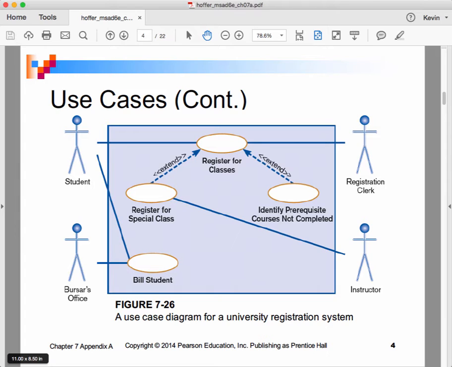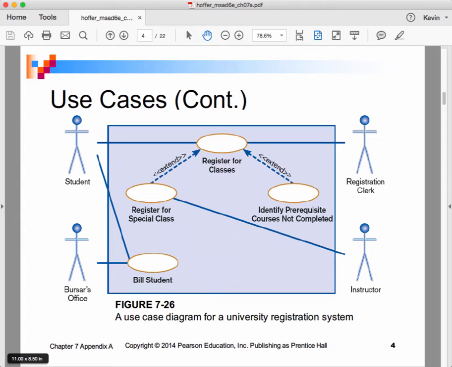Now I've got to say that student is a great name for an actor. Registration clerk kind of sounds like a job title, but it is certainly a role that somebody could play, so I'm okay with that. Instructor, a great name for a role. Bursar's office, no, I don't like that. That sounds like the kind of name that we might have given to an external entity in a data flow diagram.